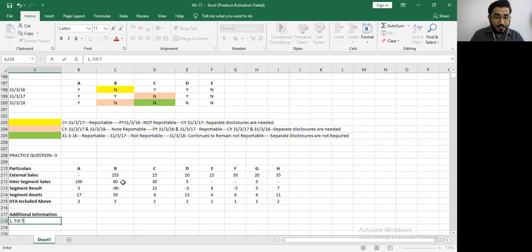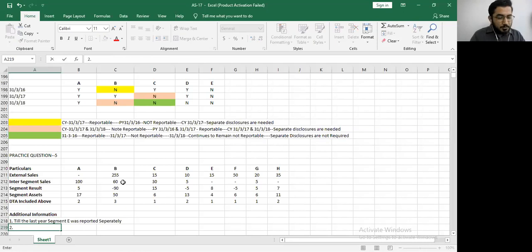First additional information, it says till the last year, segment E was reported separately.